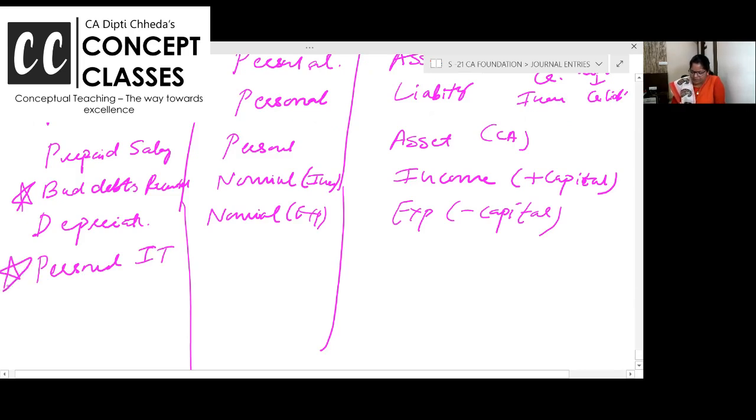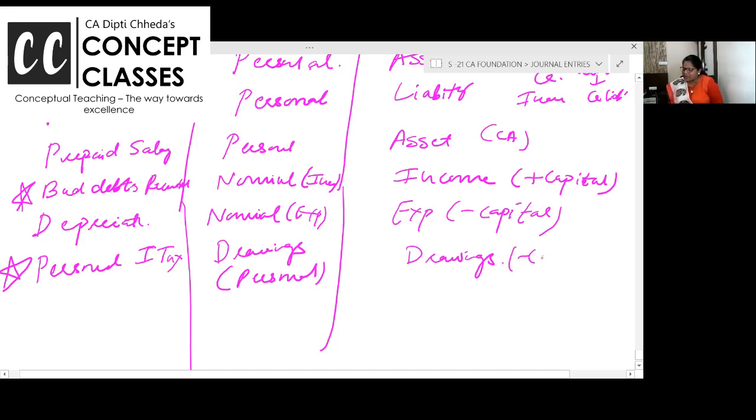You are paying income tax on your personal income. It's like your drawings, paying your son's school fees, paying your parents' hospital bills and all from the firm. So it's like drawings. And drawings come under which account? Personal account. Here also you take it as drawings, and drawings are taken as minus from the capital.